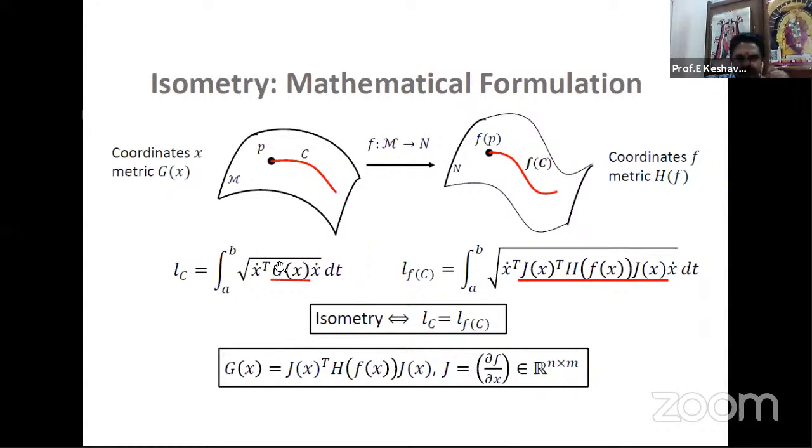Now suppose I want to calculate this length, then L over fc is the integral from a to b of the square root of so and so. We say both of these are isometric, and the g we put by this formula, where J is the partial derivative of f with respect to x, because it is a member of R n cross m.